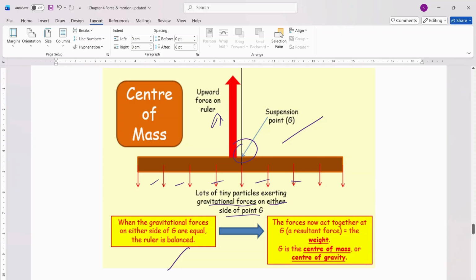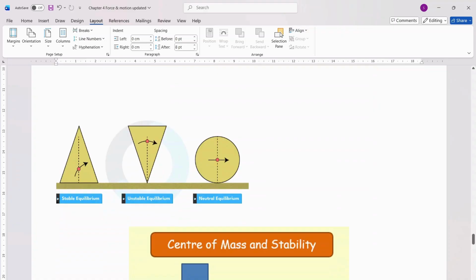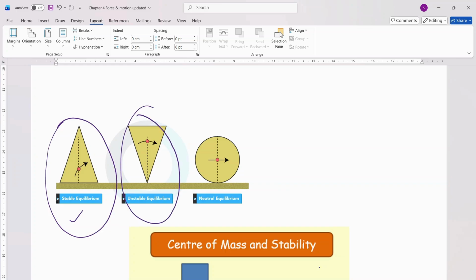The forces now act together at G as a resultant force, which is the weight. G is the center of mass or the center of gravity. In this diagram, you can see that in the middle it is stable. This is unstable as it is not in the middle, and this is a neutral equilibrium.